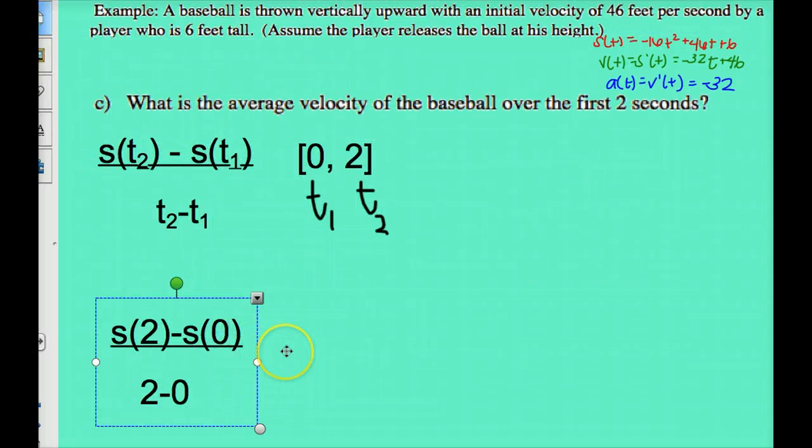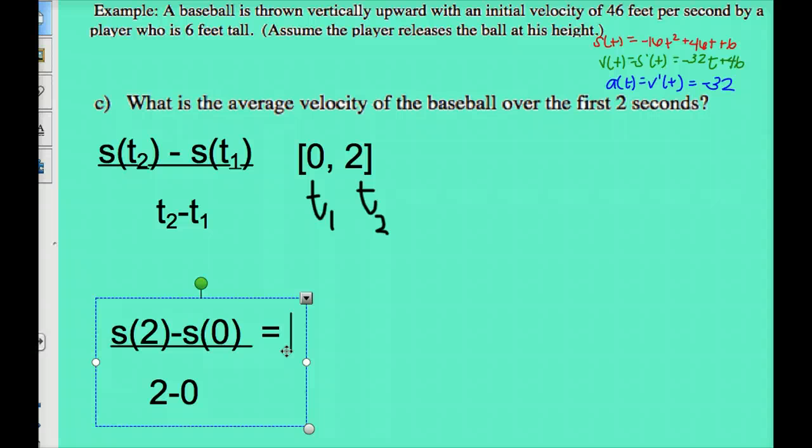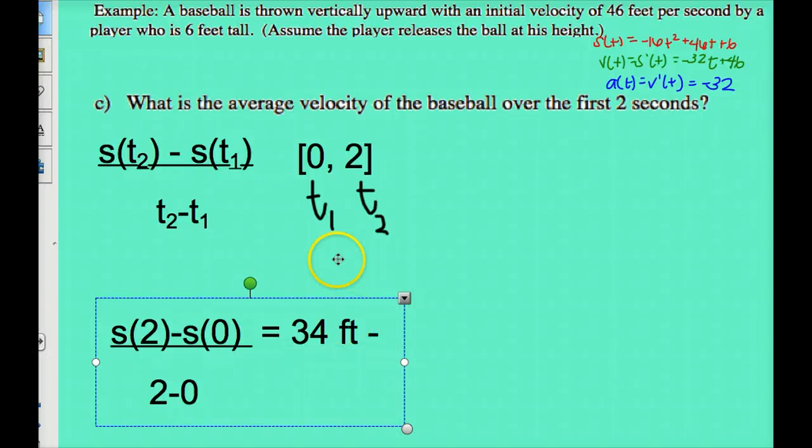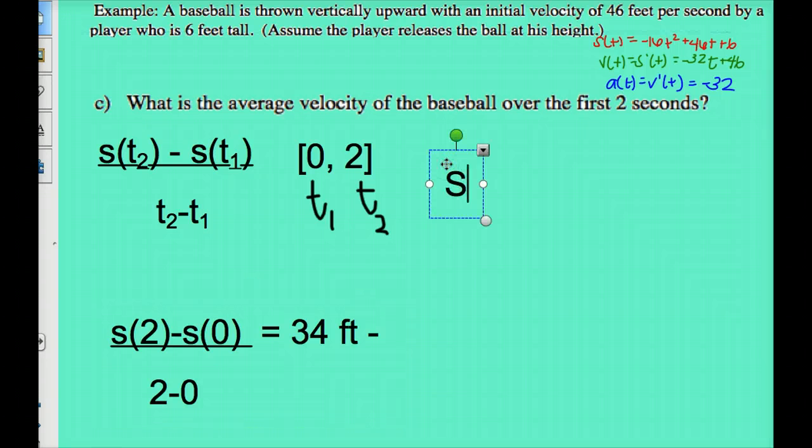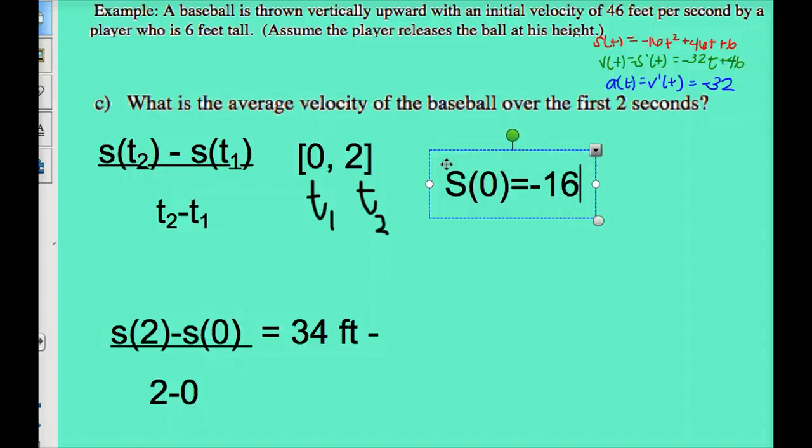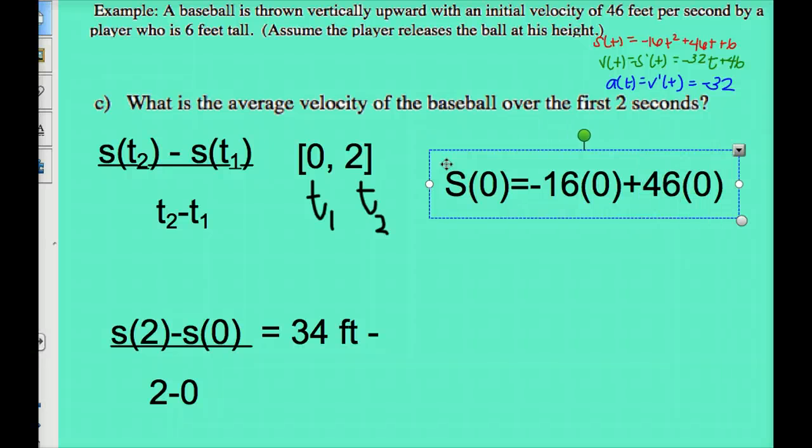So on here, I'm going to say is equal to, what did we say it was? 34? Yeah, so we said it was 34 feet minus, I have to plug in 0, so s of 0 is equal to negative 16 times 0 plus 46 times 0 plus 6.